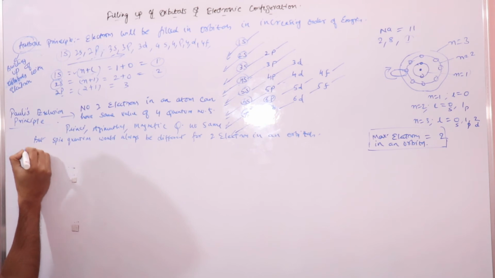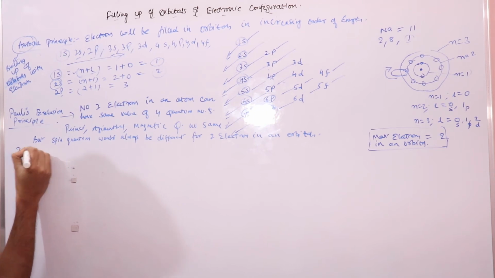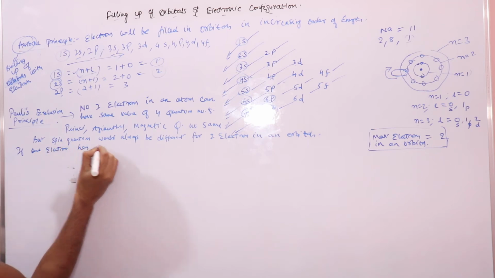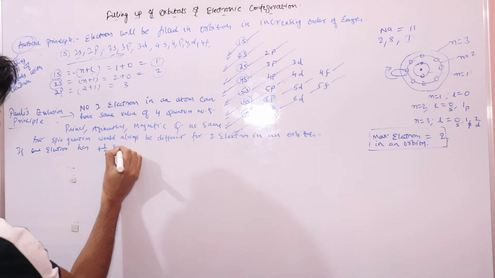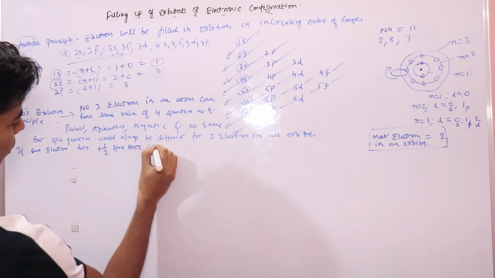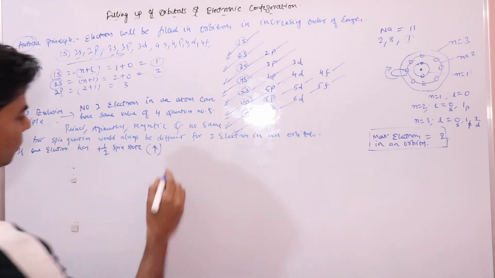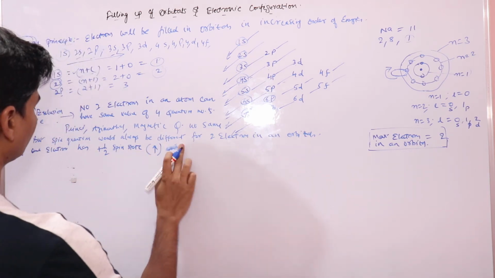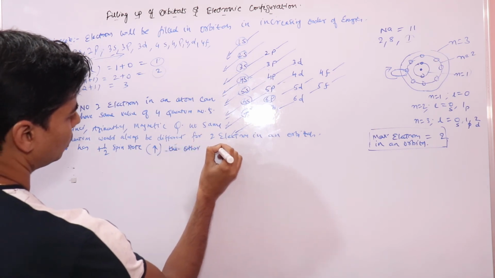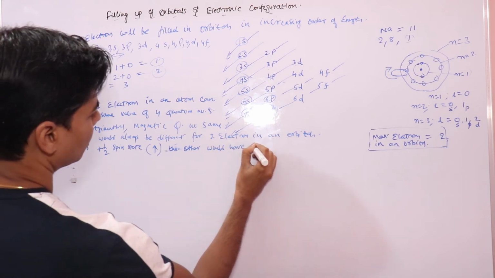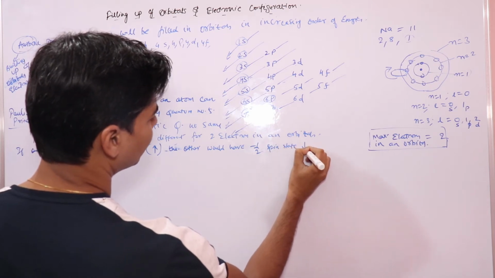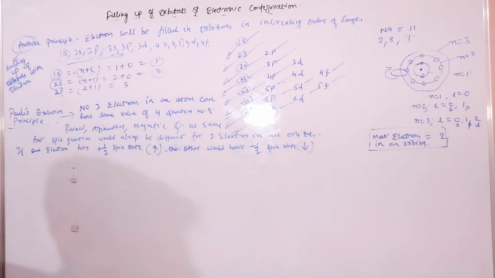So if one electron has plus half spin state, this is clockwise, plus half spin state, which is denoted by, if you remember, this arrow pointing upwards, the other would have minus half spin state, which would be represented by down arrow, right?